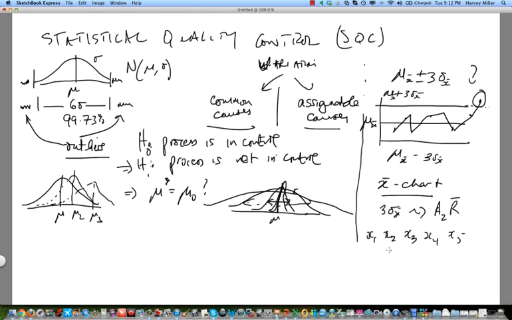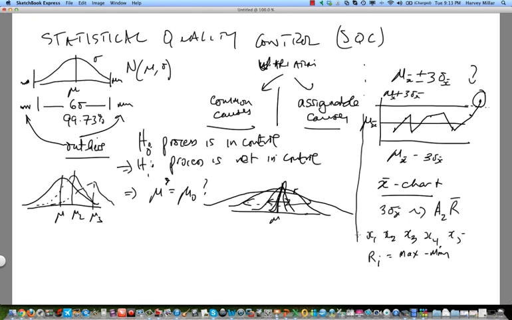Before we could find R bar, we need to calculate the range of this sample. Let's call it sample 1: the maximum value minus the minimum value.